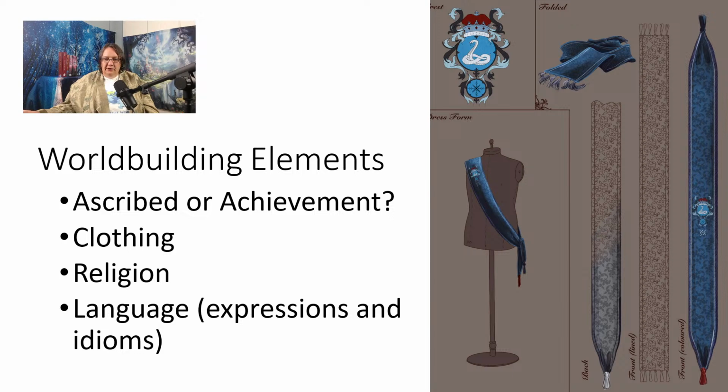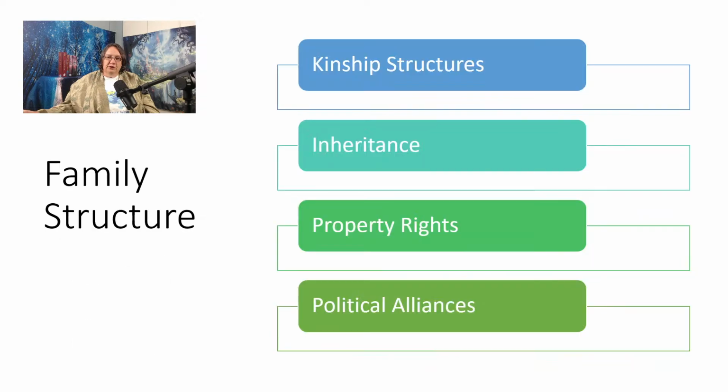Okay, so let's move on from social hierarchy to family structure. I've divided family structure into four properties, and I'm going to talk about each of them: kinship structures, inheritance, property rights, and political alliances. Family structure doesn't have to be restricted to the nuclear family.